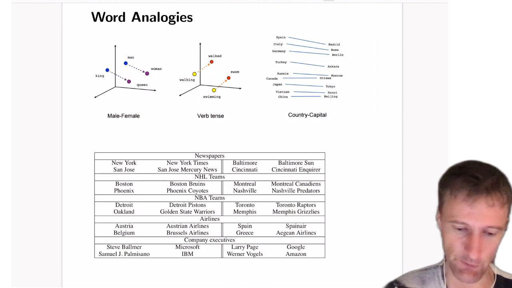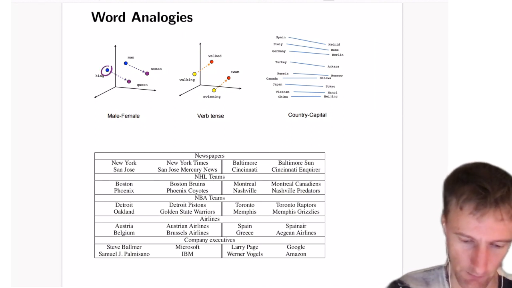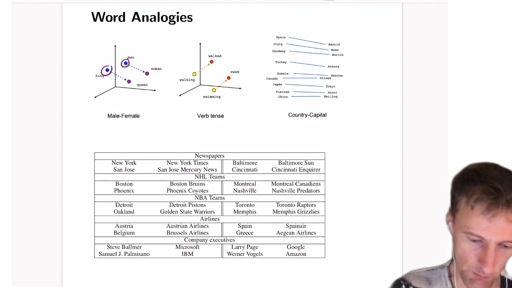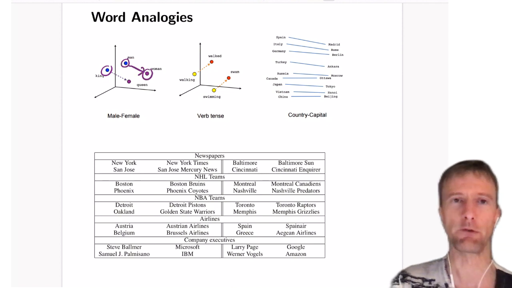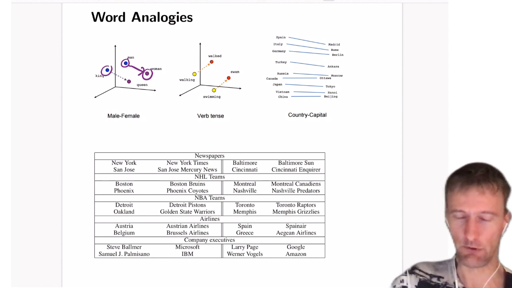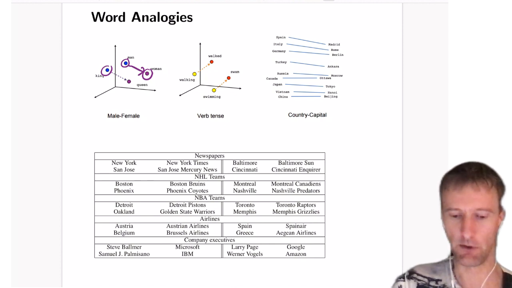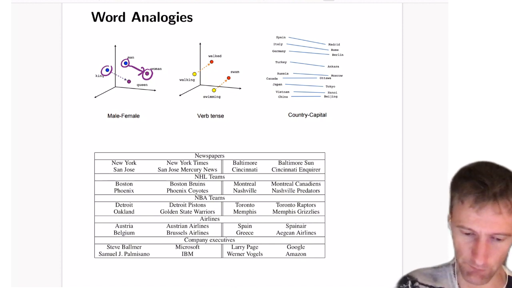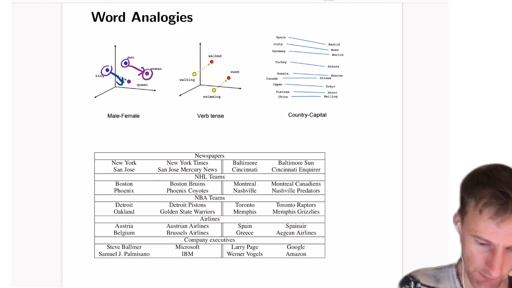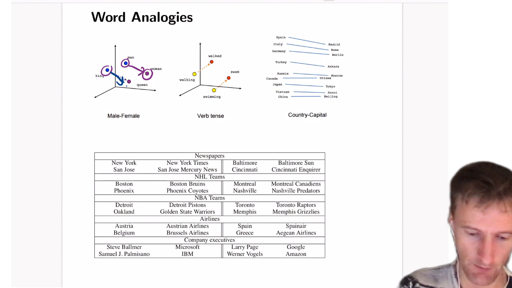The usual example: if you take the vector from man to woman, you can compute this difference, right? That's a vector in space. So you have trained your word vectors, and now you just look at two points, man and woman. You look at the difference vector, you take that difference vector, apply it to king, and you get somewhere in space.